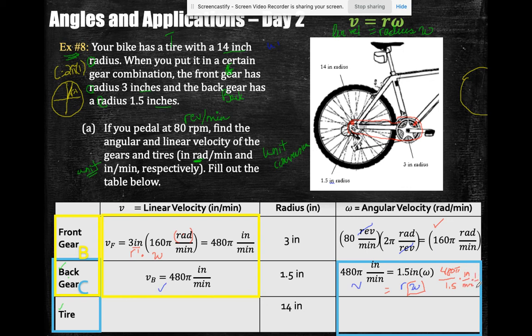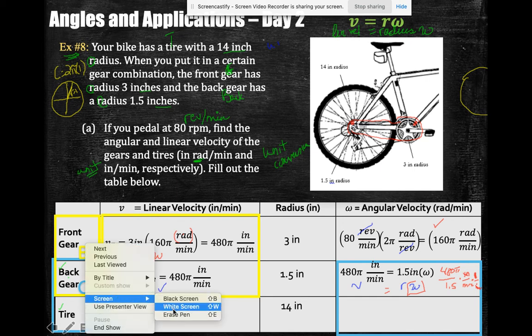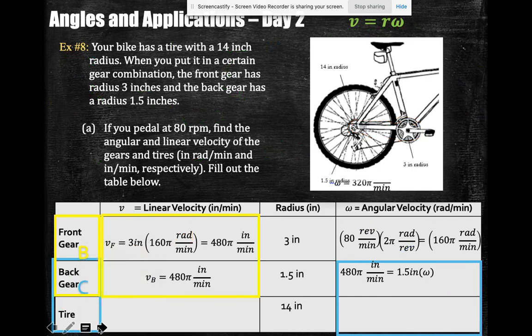So what happens to the inches? The inches cancel out. You're only left with a denominator of minutes and a 1 up here. Guess what I'm going to put there? That's unitless. Hello, radians. Bam. Omega is 320 pi radians per minute.